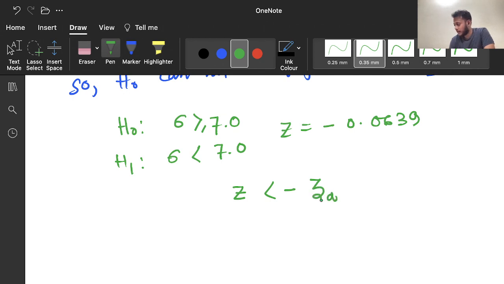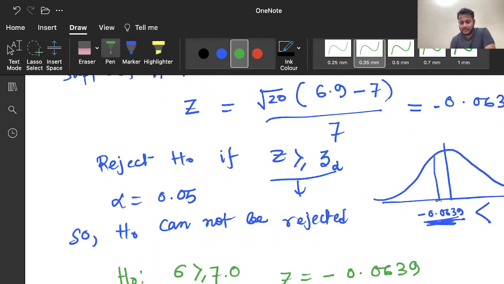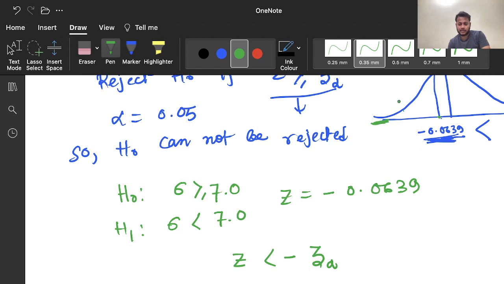Here again you will see that for any significance level, z alpha is in the range that is very less than this.